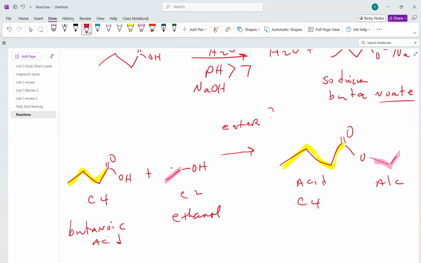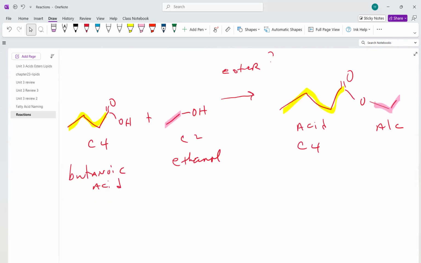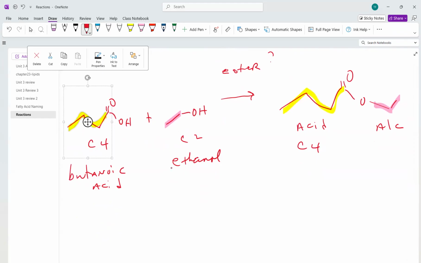There are three ways to make an ester. That to me is the most fundamental way. It's also the poorest way. The other way to make an ester is instead of the acid, we're going to use the acid chloride instead.